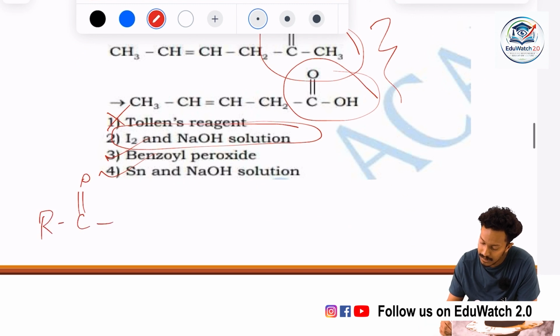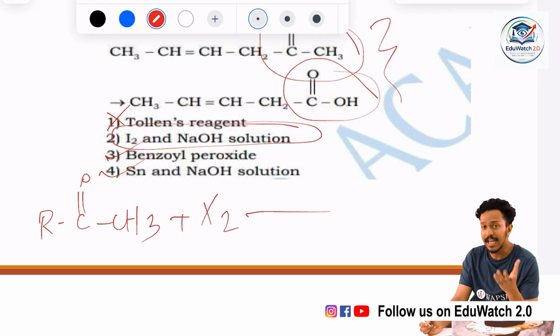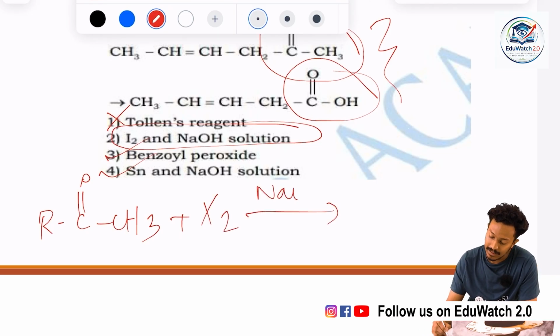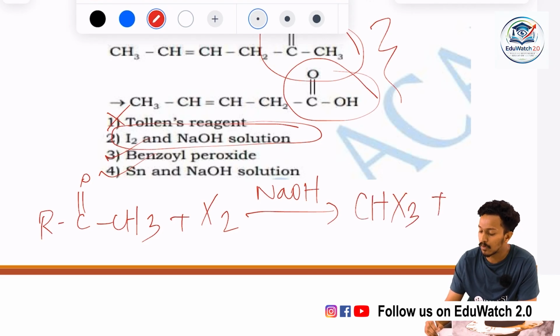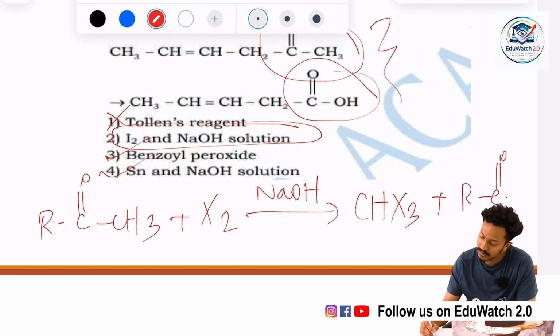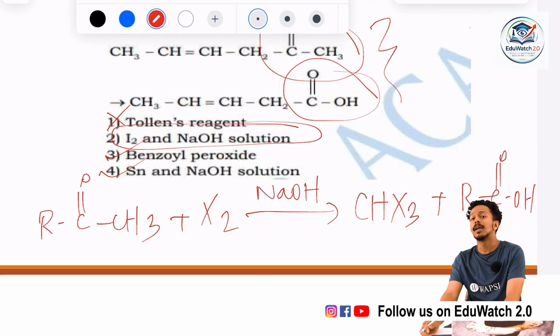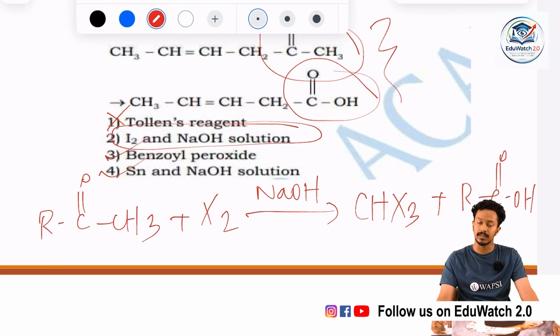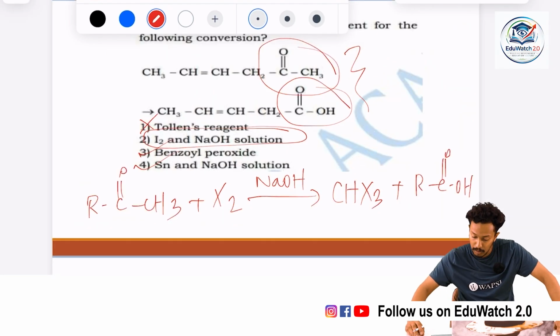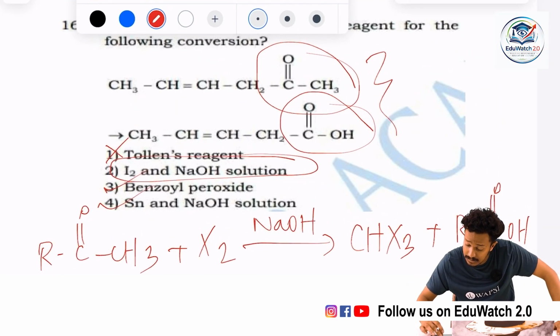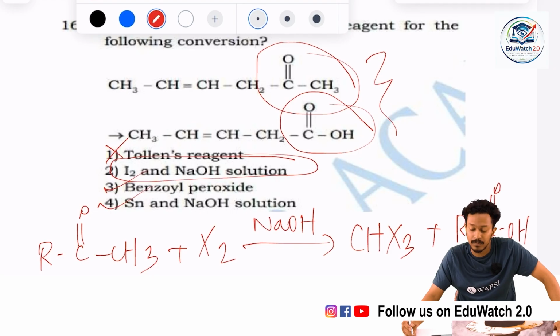R C double bond O, a methyl ketone, when treated with X2, any halogen, with an alkali like NaOH, gives R C double bond OH along with the haloform. This is the haloform reaction. In this case, it is an iodoform reaction. The correct option for question number 16 is option number 2.